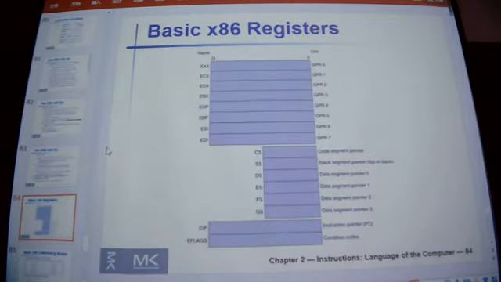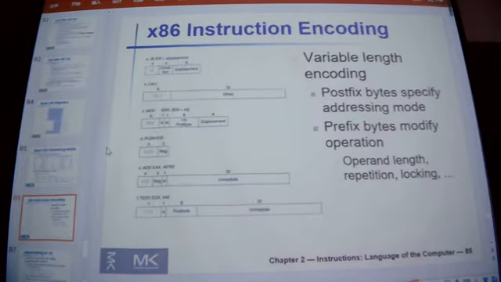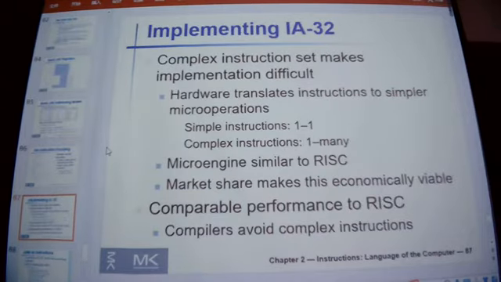These are the basic x86 registers. So we can implement a complex instruction set, which makes implementation difficult. Hardware translates instructions to simpler micro-operations. Micro-operations are necessary and important for the operating system.